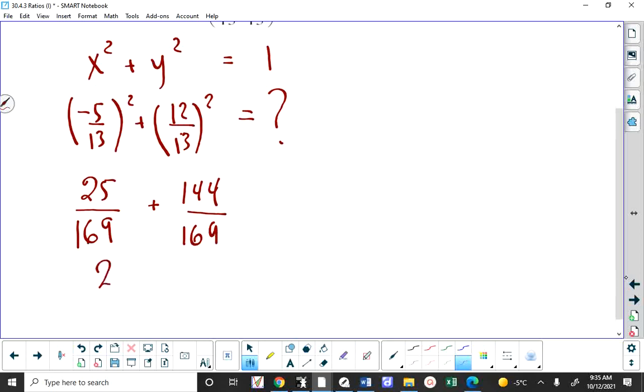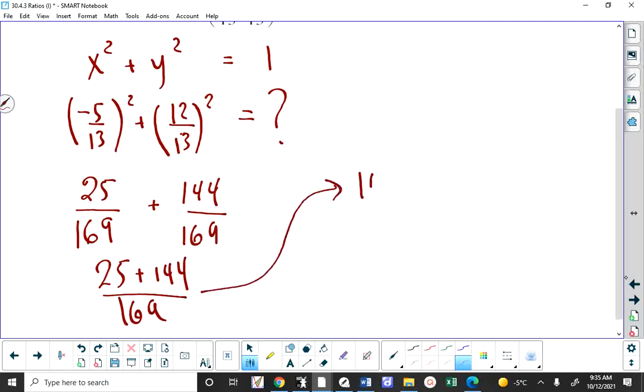That means we have 25 plus 144 over 169, which is 169 over 169, which is 1. It's on the unit circle. We've shown that it is. And if this were a written response question, you would write that out. You would say, since x squared plus y squared gives us 1, that point is on the unit circle.